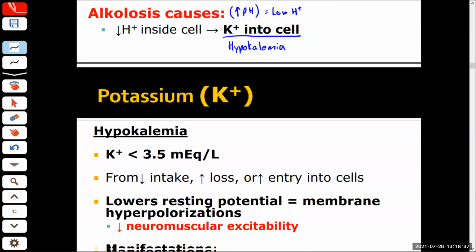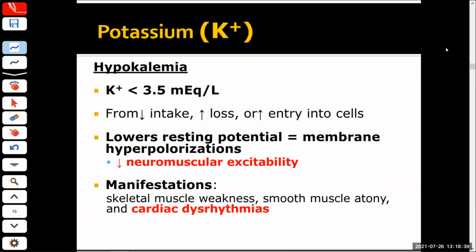Okay, so looking at each condition here, hypokalemia, don't need to worry about the ranges. Does potassium move water? No. What is the only electrolyte that moves water? Sodium. So would potassium change the size of your cells? No, that's why we're not drawing it.